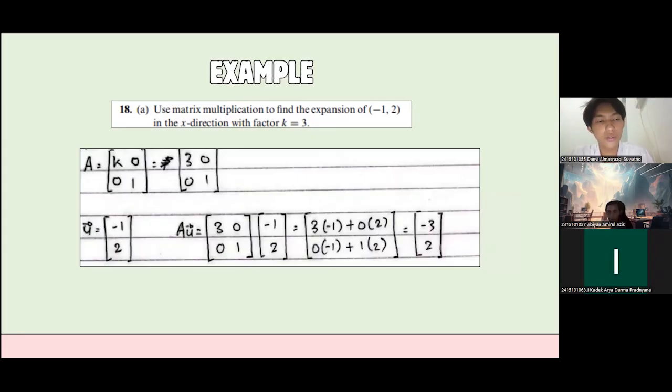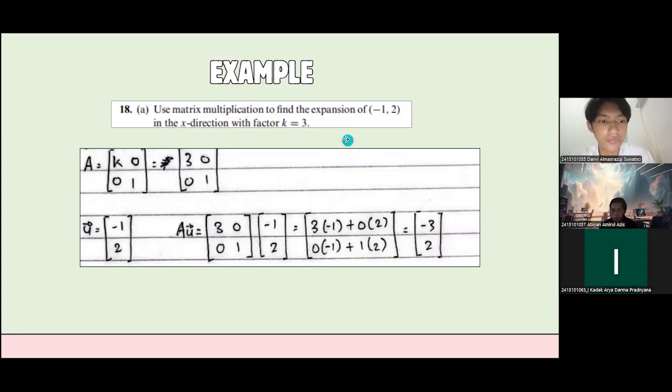Now, before, in the 17th question, k is less than 1. It is 1/2, which means 0.5. But in the 18th question, the factor k will be more than 1, which is 3.